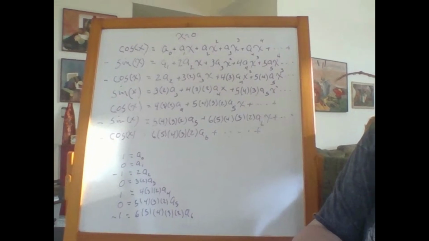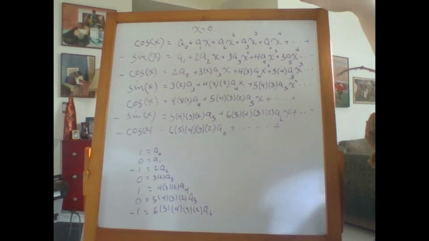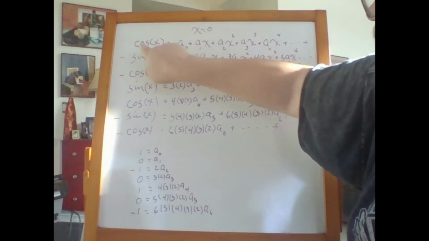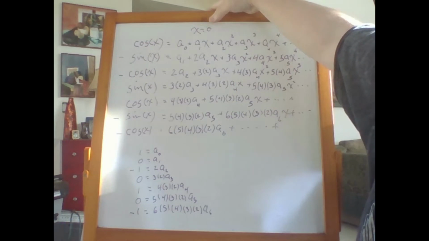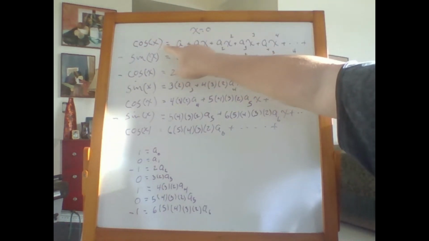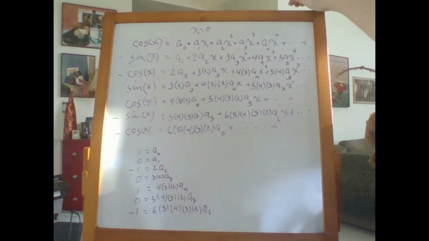Okay. Now you can see here what I've been doing. I've been taking the derivatives. I first set up an initial equation for the cosine of x, and I said that cosine of x is going to be equal to this polynomial, this infinite polynomial.